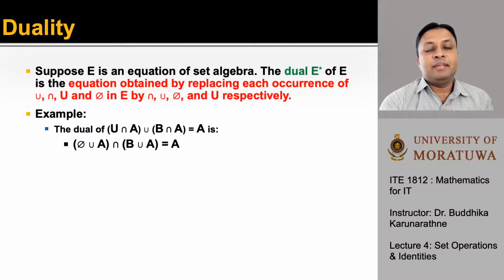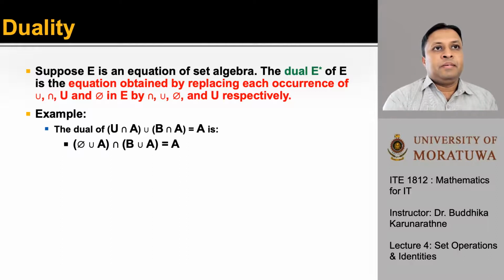You replace the universal set by the null set, the union symbol by the intersection symbol, and the intersection symbol by the union symbol. If you have the null set, you replace that by the universal set symbol. In this case you don't have the null set, but if you had one, you would need to replace it by the universal set symbol. Right, so that is the concept of duality.